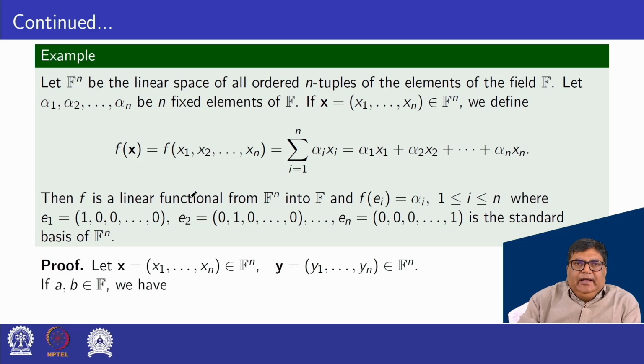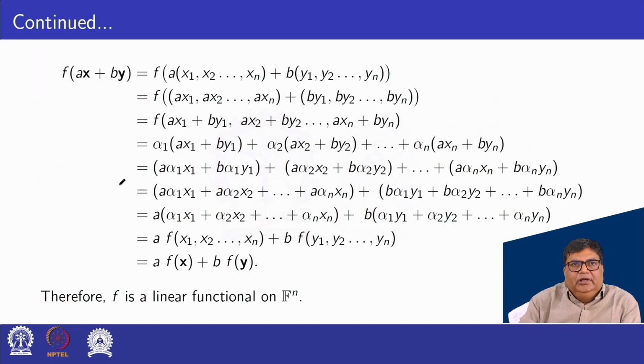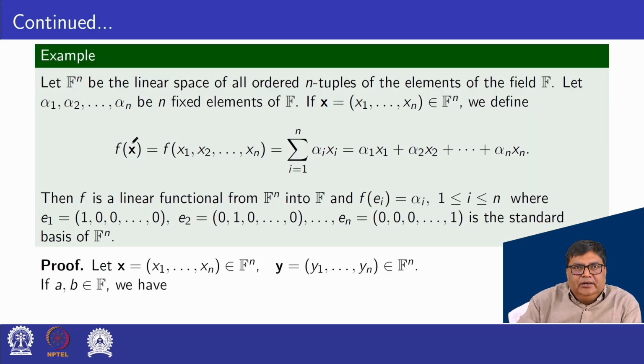Proof. Let x equal to the n-tuple (x1, x2 and so on xn), and y equal to (y1, y2 and so on yn), and if a, b belonging to F, that is scalars, we have f of ax plus by. Here the vector ax plus by can be written with x as (x1, x2 and so on xn) and y as (y1, y2 and so on yn).